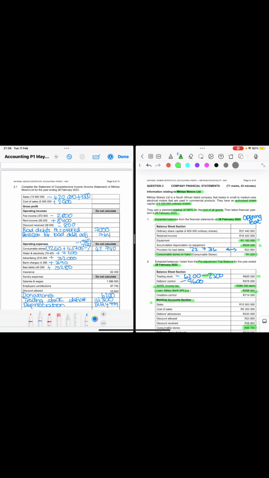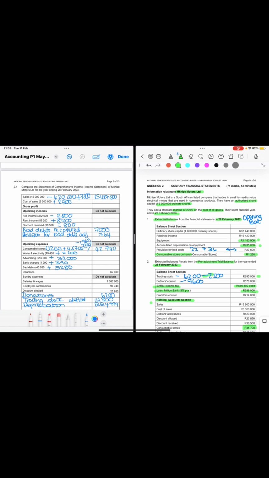So for sales, we started off with 15,900,000, then we subtracted 420,000, and we added 7,500, and that will give us a total of 15,487,500.